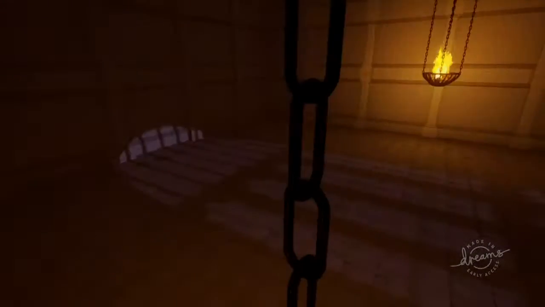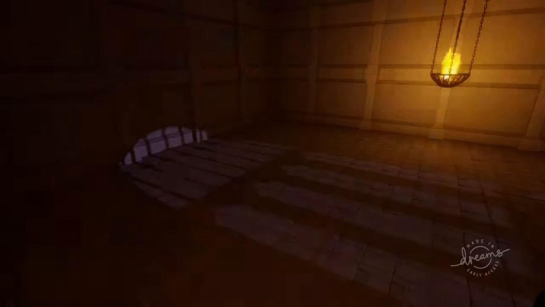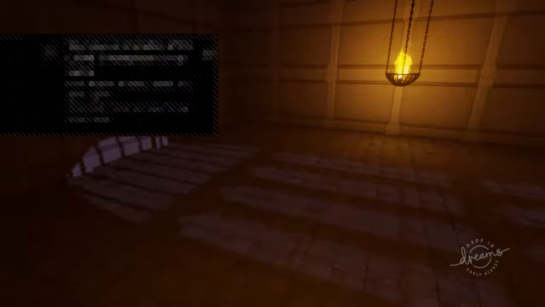I think I may have figured out one of the issues with the lighting system in this game. See how bright everything is when I'm standing here?